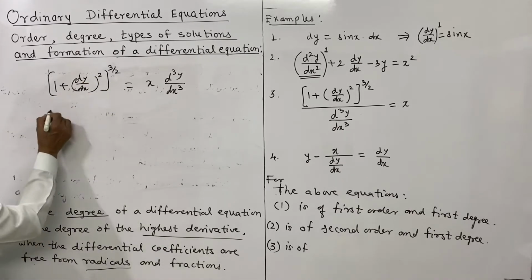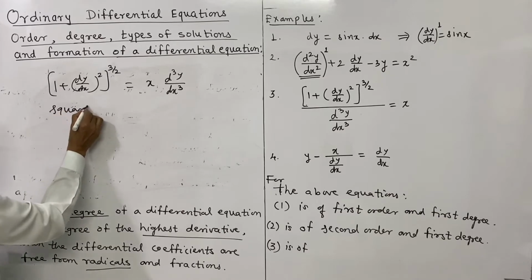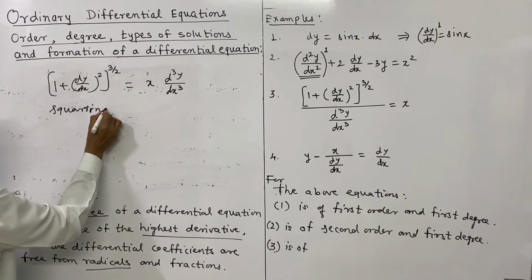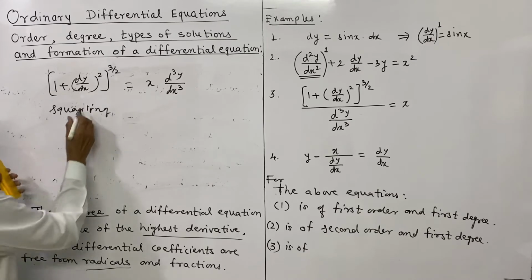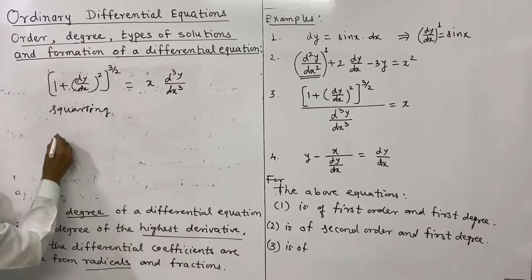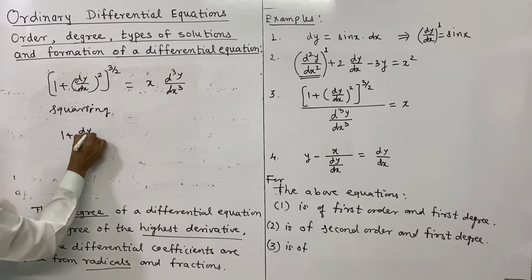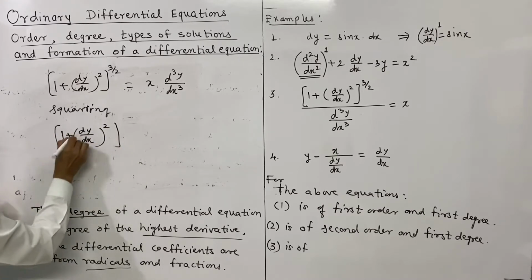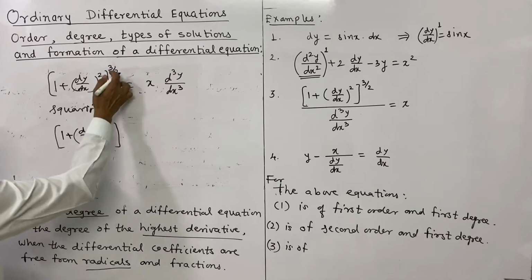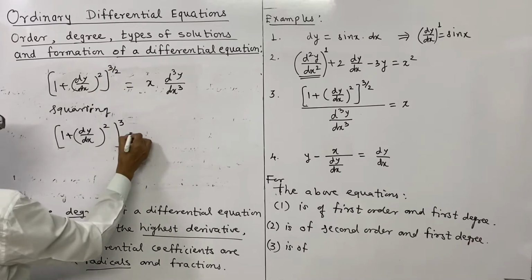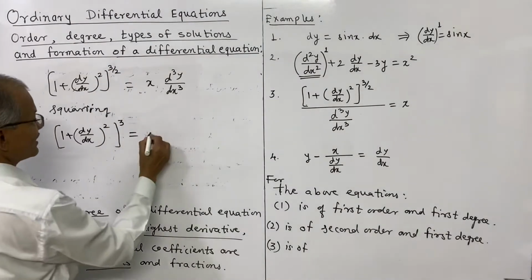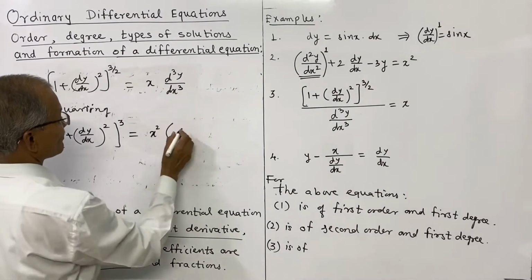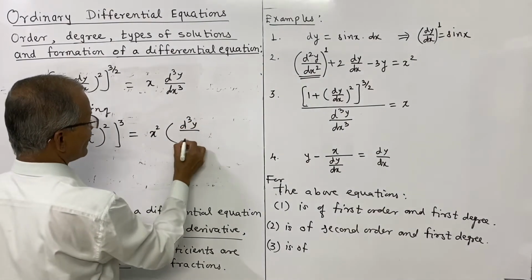So squaring, we get 1 plus dy by dx whole square, and after squaring, raising the power to 2, this 3 by 2 becomes 3, is equal to, on the right side, x square and the square of d cube y by dx cube.